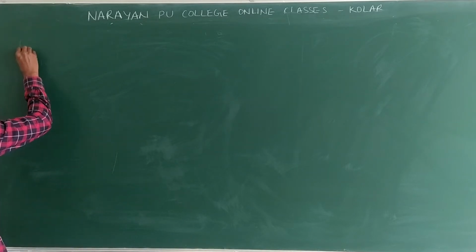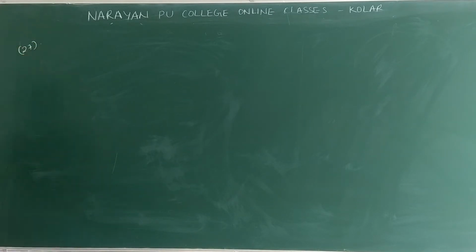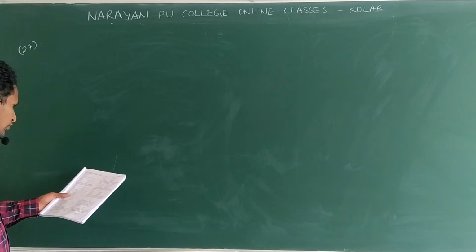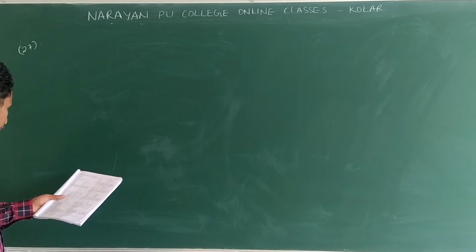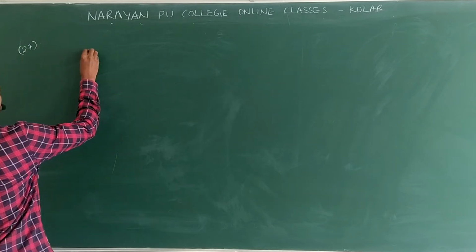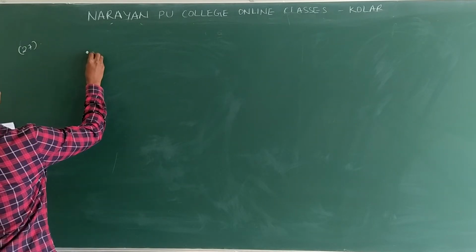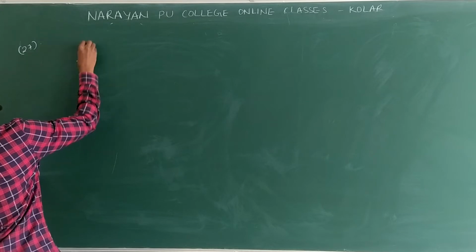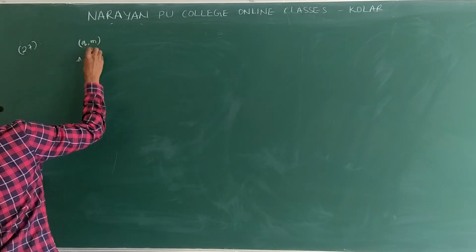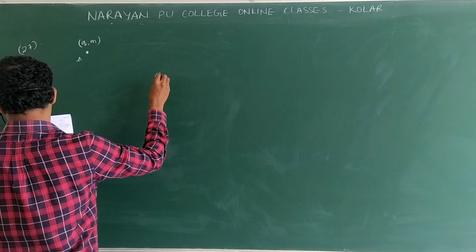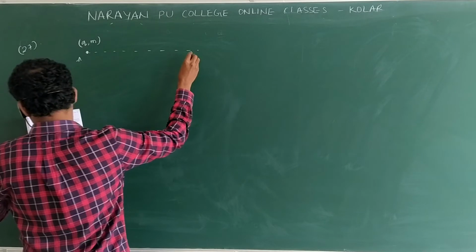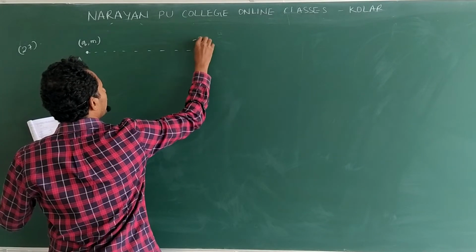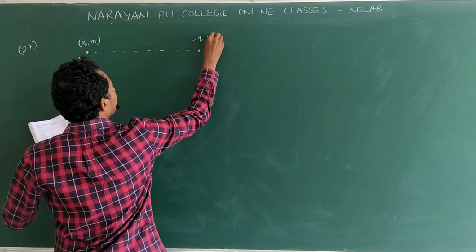Now, according to the question, this is minus Q and 2m.